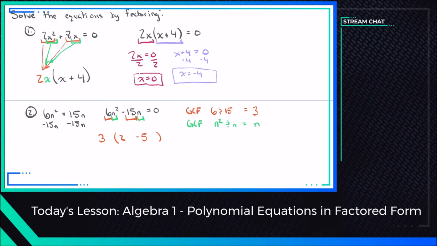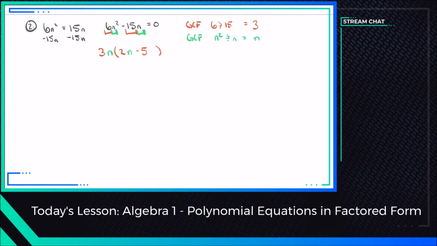So if we pull out an n out front on this first one, we're going to have just an n left, and on the second one, we're going to have nothing left. So our factored form is going to end up looking like 6n squared minus 15. Oops, no, my bad. Our factored form is going to be 3n multiplied by 2n minus 5 is equal to 0.